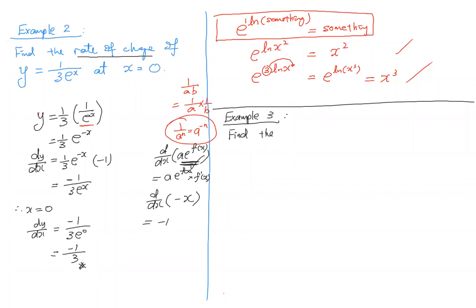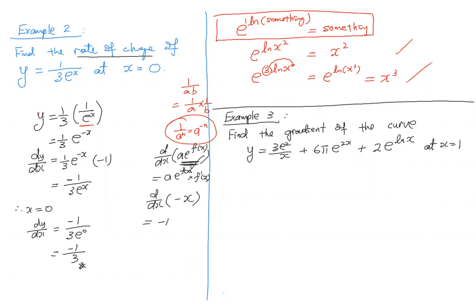Find the gradient of the curve y equal to 3e squared over x plus 6 pi e to the power 2x plus 2e to the power ln x at x equal to 1.